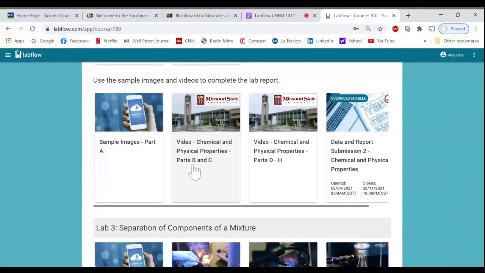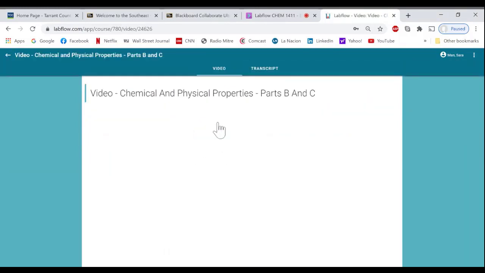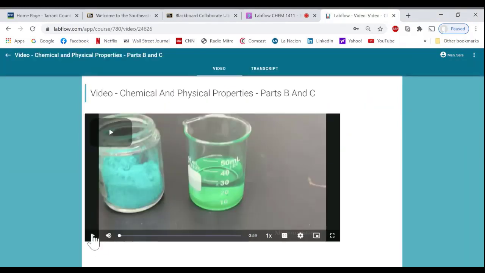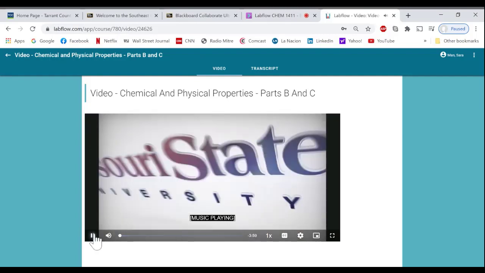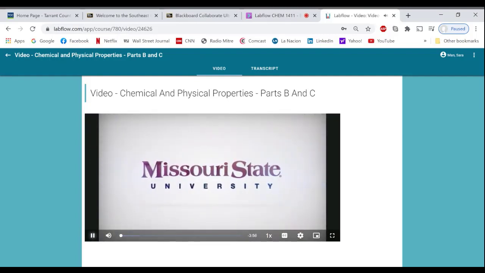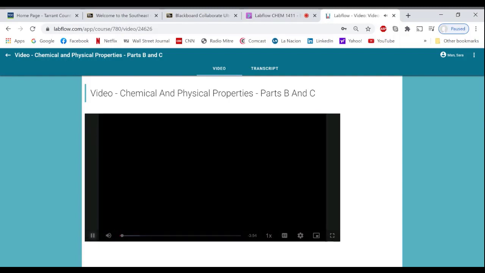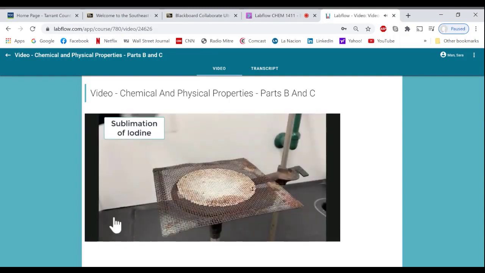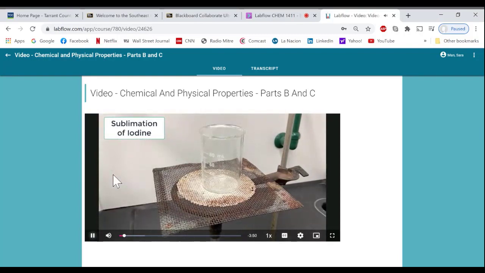And here we have parts B and C. So we are going to click on here, and we are going to do part B, which is the sublimation of iodine. Pay attention to that, and then we will talk about it.